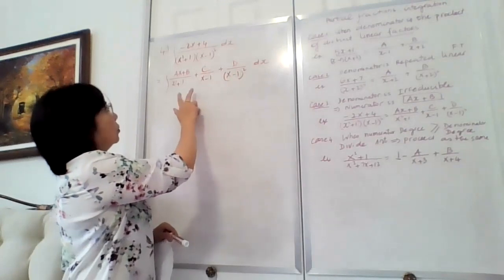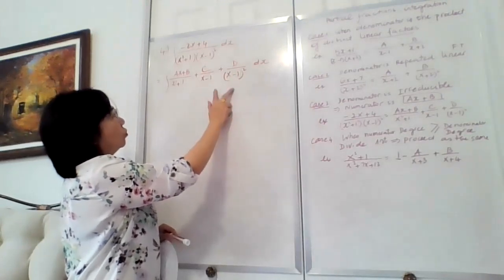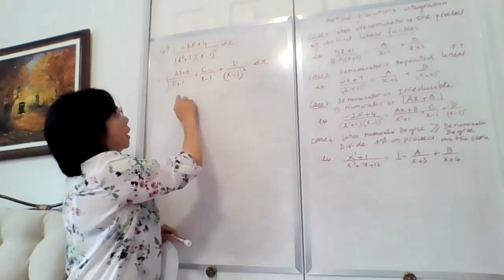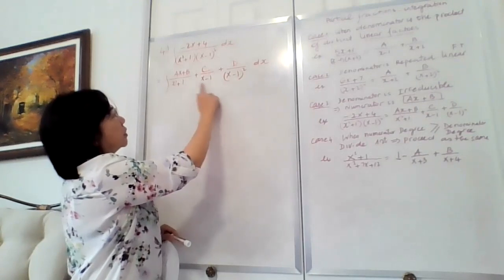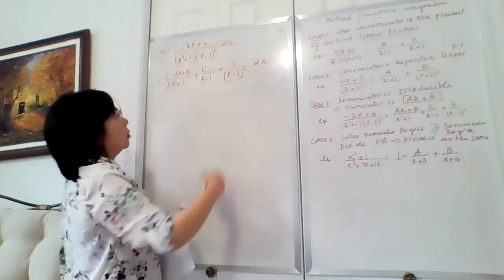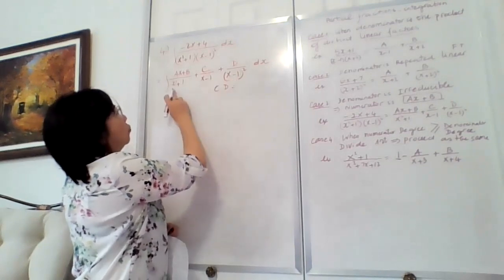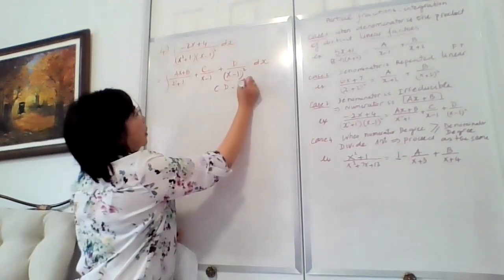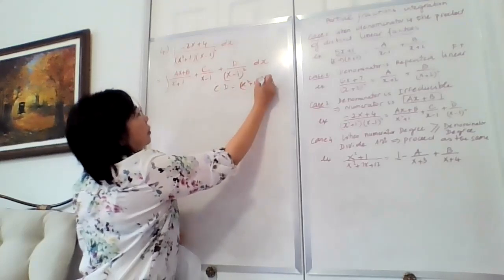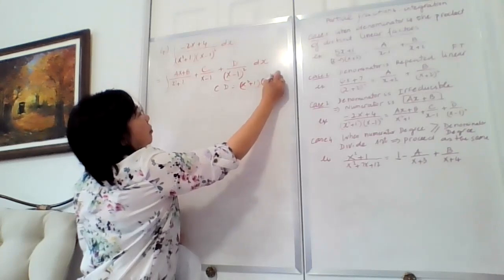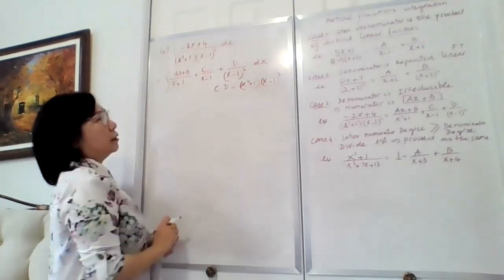So now we have 3 fractions instead of just 2. So again, when we add them, we have to have the same common denominator. So what is our common denominator in here? It will be this one, x squared plus 1, times this bracket, x minus 1, but to power 2, right? Not power 1 like that, right?